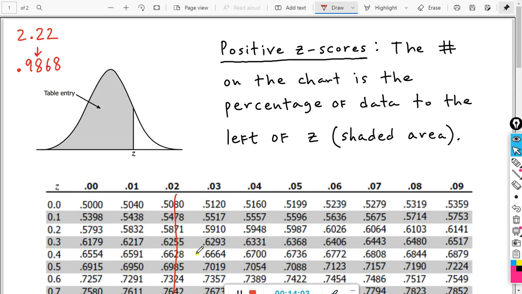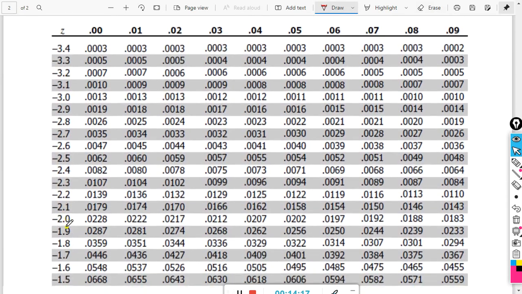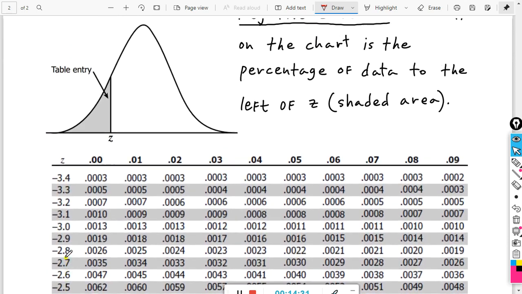Okay, and now for the other z-score, we're going to have to go to the negative z-score table. Okay, so we're looking up negative 1.11. All right, here's the column with the z's. Keep going down until you find negative 1.1. That's right here. And we're going to go to the right. Okay, so this is negative 1.1.